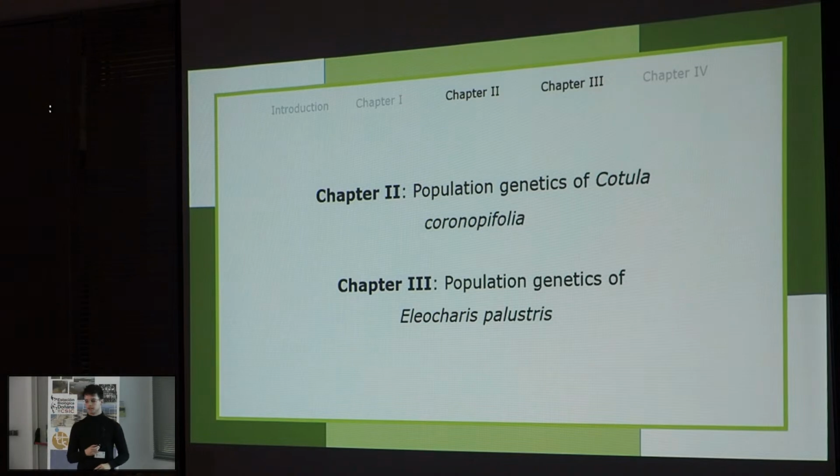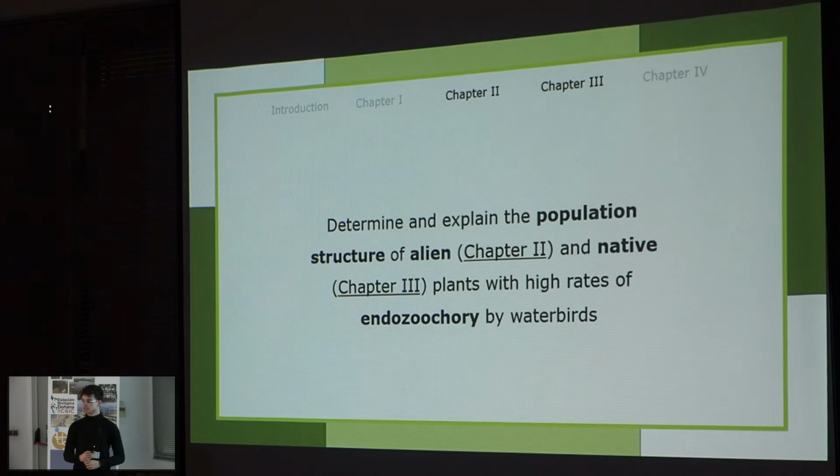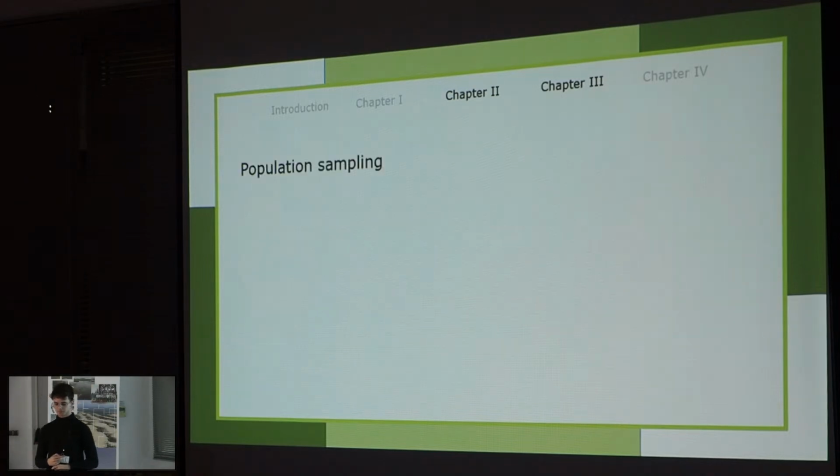Here come the titles of the second and third chapters, titled Population Genetics of Cotula coronopifolia and Eleocharis palustris. Both chapters have the same aim, that is to determine and explain the population structure of alien and native plants with high rates of endozoochory by waterbirds.